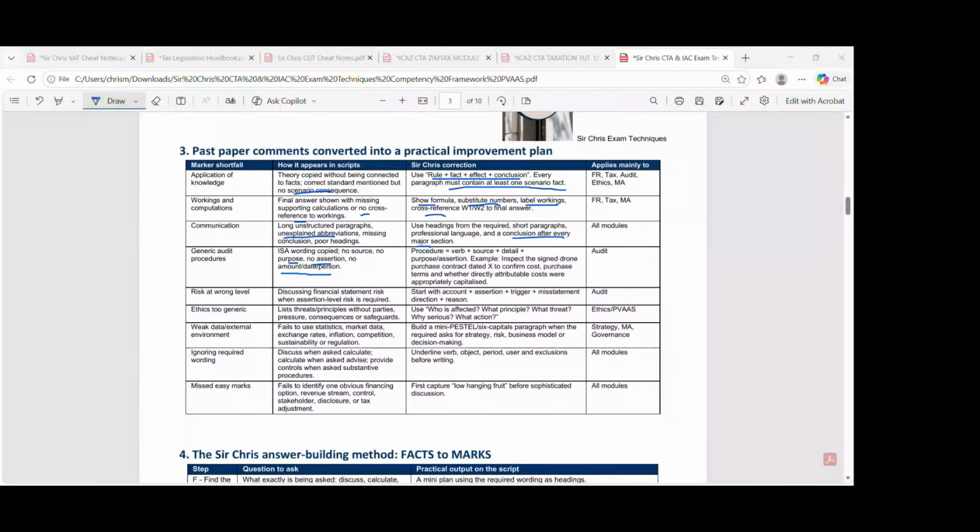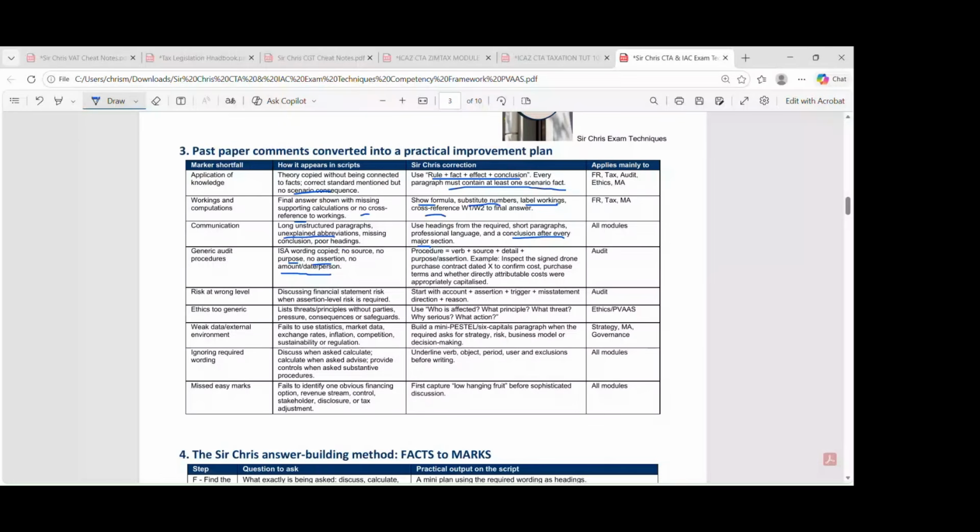If it's at overall level, it affects more than 3 line items, so it should not be linked to a specific standard. Happy? Then ethics too generic: listing threats, principles without parties, pressure, consequences, or safeguards. Use who is affected, what principle, what threat, why serious, what action.